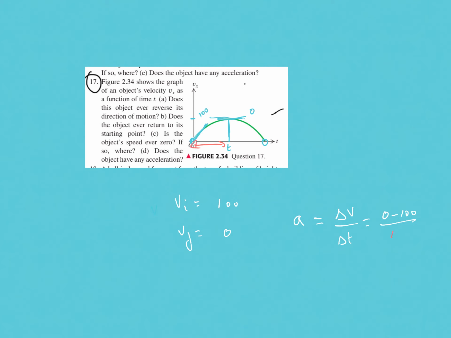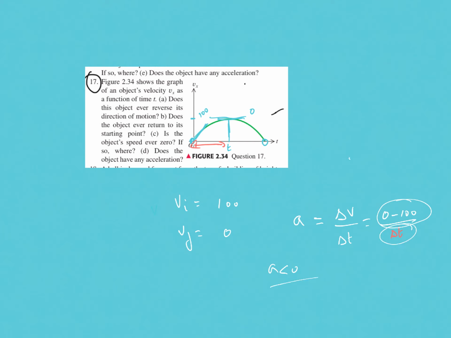So the change in time is always positive, no problem. So now the acceleration is positive or negative? The acceleration is negative, for sure. 0 minus 100 is negative, and delta t is positive.